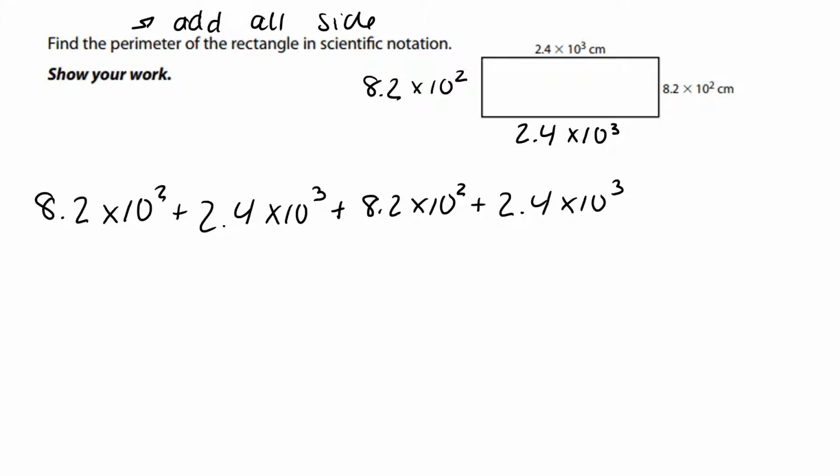Now what's important when we type this in the calculator is that we need to use parentheses around each part of this problem. So when we type it in, we type in parentheses 8.2 times 10 to the 2nd.